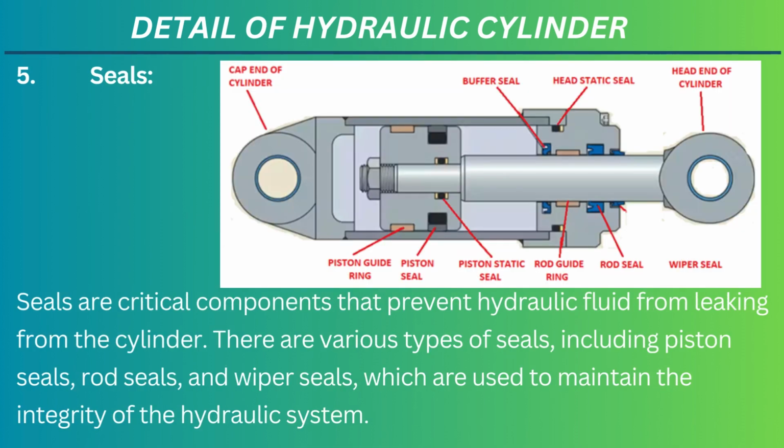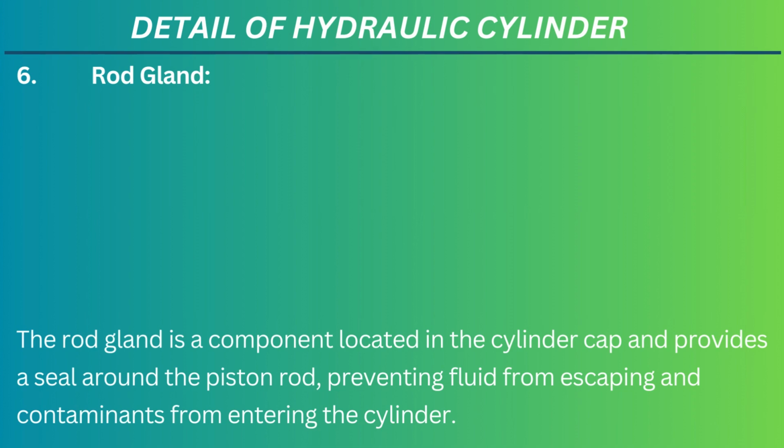5. Seals. Seals are critical components that prevent hydraulic fluid from leaking from the cylinder. There are various types of seals, including piston seals, rod seals, and wiper seals, which are used to maintain the integrity of the hydraulic system. 6. Rod gland.